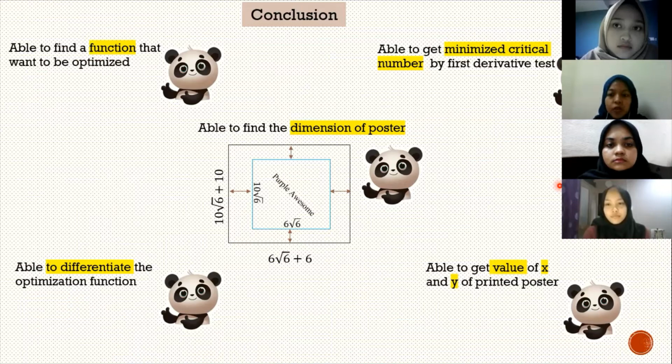The value of x for this question is 6 square root of 6, and the value of y is 10 square root of 6. And then finally, we are able to find the dimensions of the poster, the length and the width, as shown on this slide. The length is 6 square root 6 plus 6, and the width is 10 square root 6 plus 10.